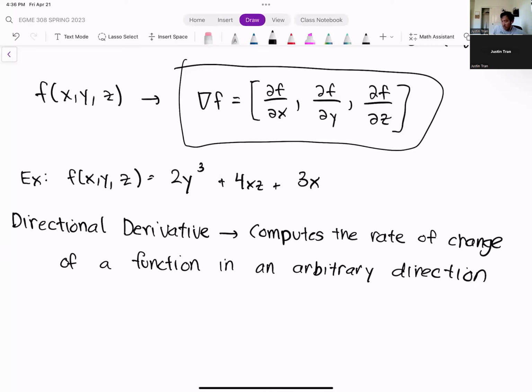We know how to compute the rate of change in the cardinal direction. If you want to compute the rate of change in the x direction, you just take partial f, partial x. If you want the rate of change in the y direction, you do partial f, partial y. Same thing for the z direction.